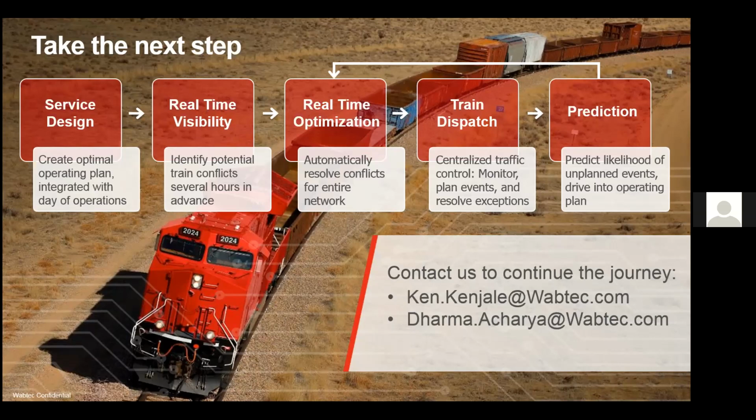And then dealing with all the real world exceptions that occur in a way that still adheres to the overall service plan or the operating plan that was designed. That's step three, but that's a very hard step to do, because that's taking a lot of data and a lot of exceptions into account.